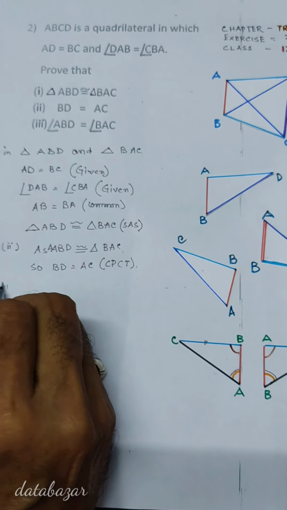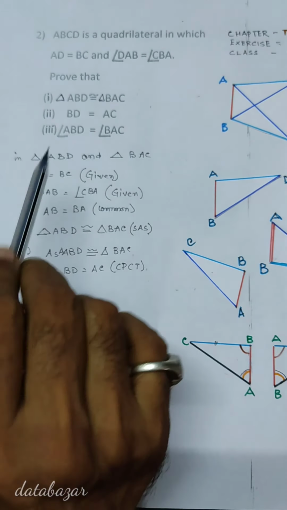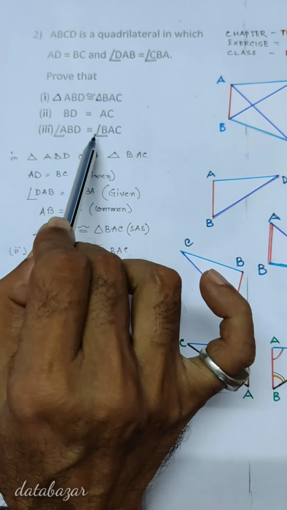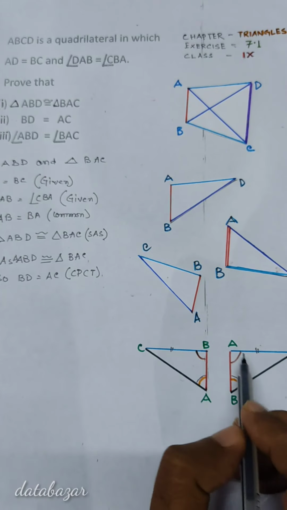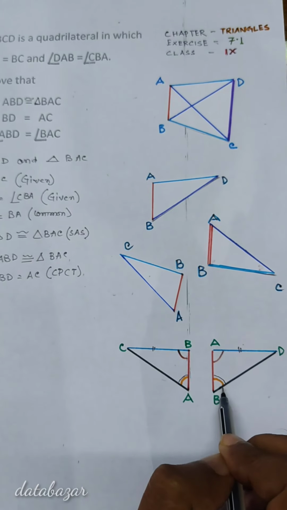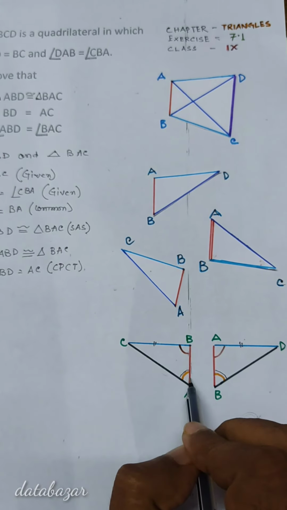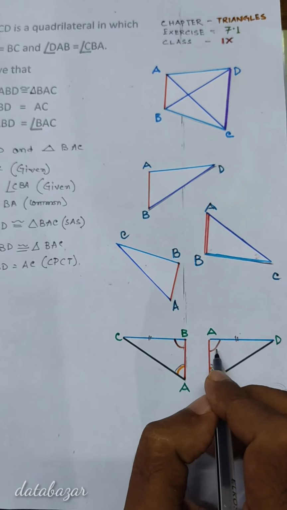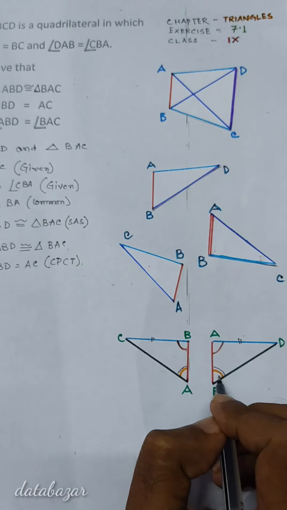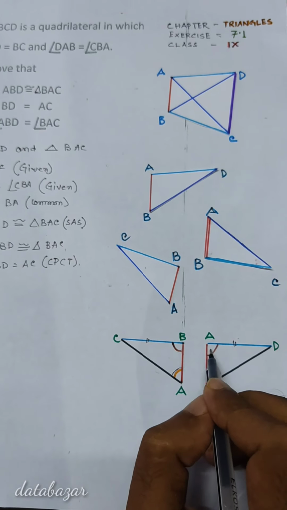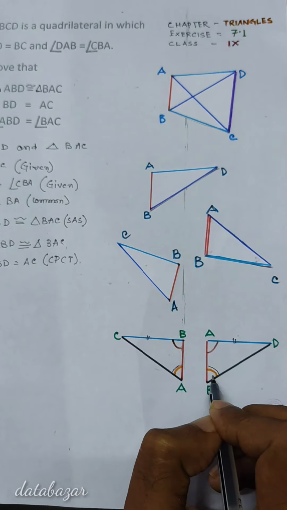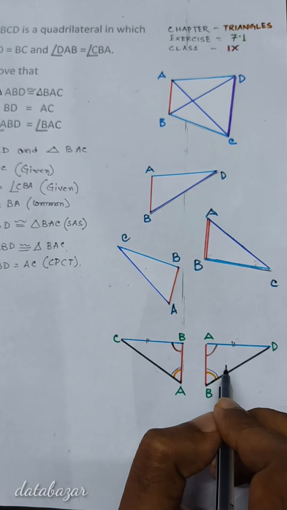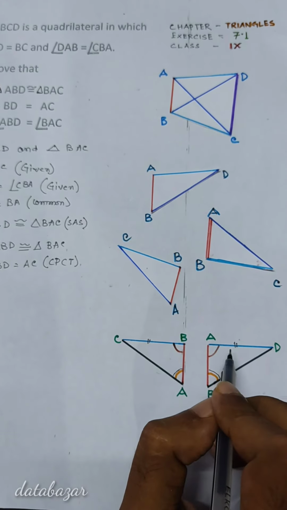Now let us come to the third part, where we have to show angle ABD is equal to angle BAC. Now what is angle ABD? This is the angle ABD, and this is the angle BAC. These are the two corresponding angles of the congruent triangles. So again, corresponding angles of congruent triangles are equal.